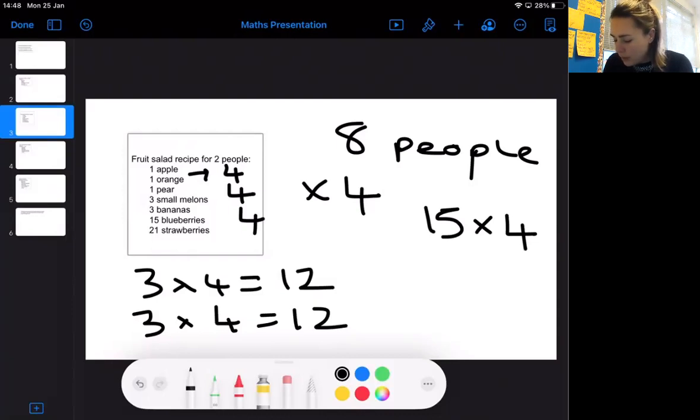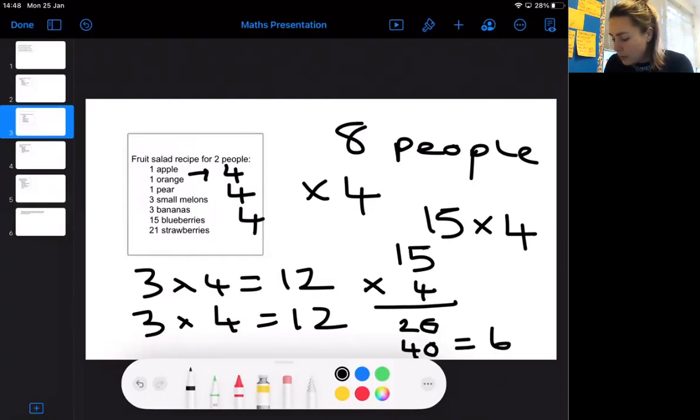So let's remind ourselves of that. So if I had 15 times 4, I know that 5 times 4 is 20. I know that 10 times 4 is 40. So I would add those together and that would equal 60. And I could do the same for 21 strawberries. I'm timesing them by 4.